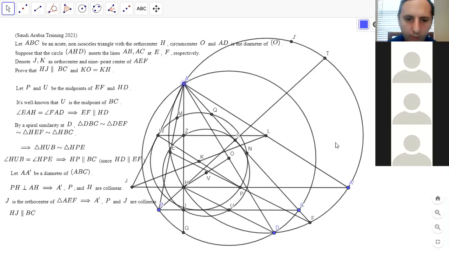So once you know that, then you can prove that they're equal to KO? Yeah, because if K lies on the perpendicular bisector of ZO, then KH will be equal to KO. Okay, so it's ZO that we want to show.